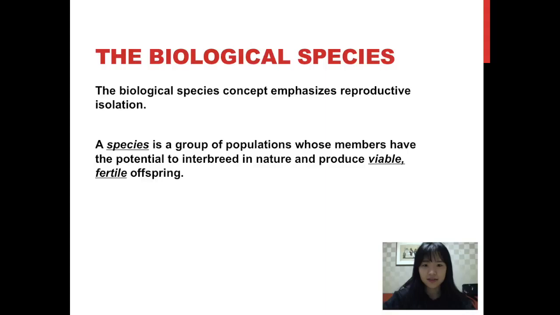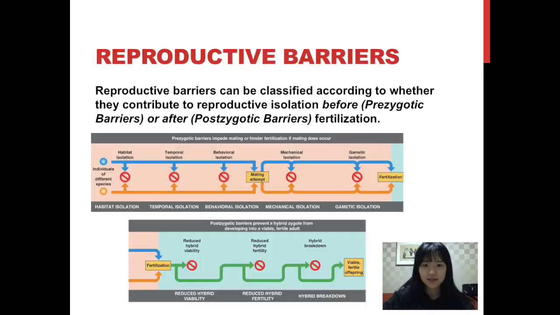Because biological species are defined in terms of reproductive compatibility, the formation of a new species hinges on reproductive isolation and reproductive barriers. These barriers can be classified according to whether they contribute to reproductive isolation before or after fertilization.